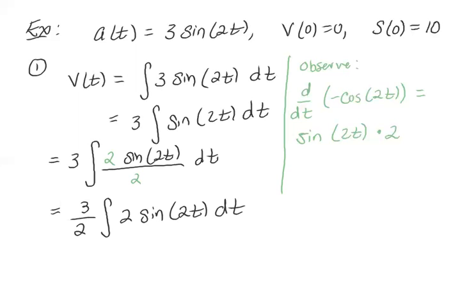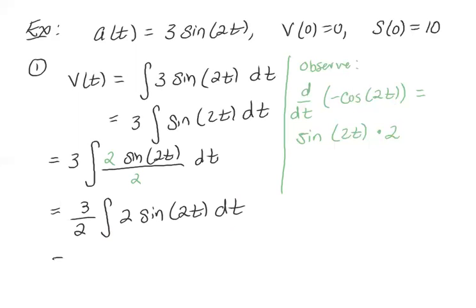I know that if I differentiate sine of 2t times 2, so it doesn't matter whether I write this multiplication by 2 at the end or in the front, I should get back to this function, negative cosine of 2t. So that's what this expression is.